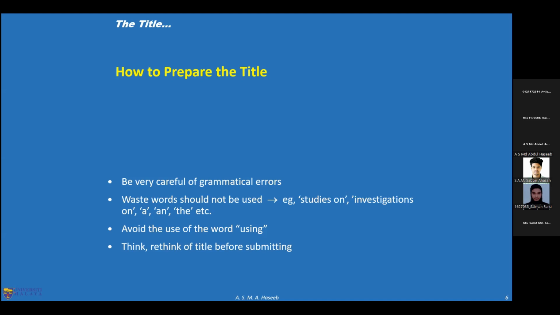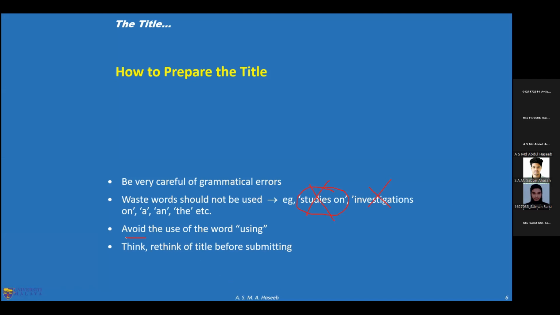Also, to make it small and precise, you don't have to write words like studies on effect of this and that. So these do not carry any meaning, really. So you can omit them in the title. Similarly, investigation on. Again, it doesn't add any value to the title. So just try to avoid this.